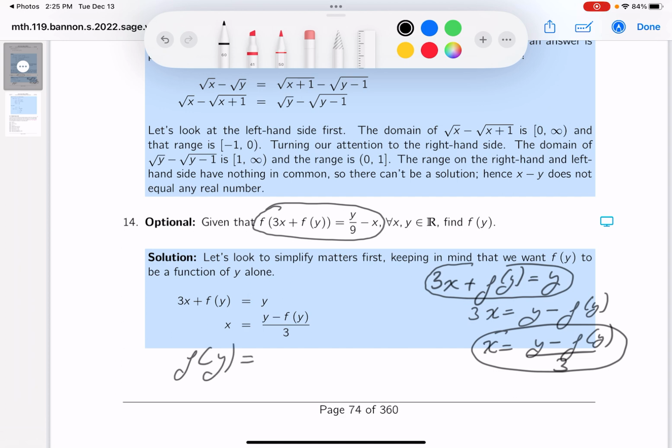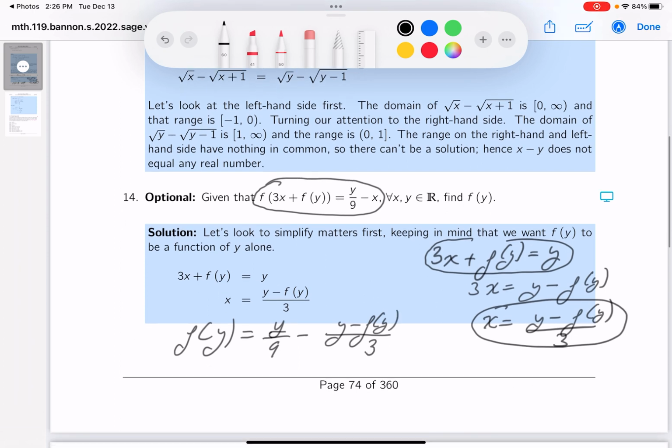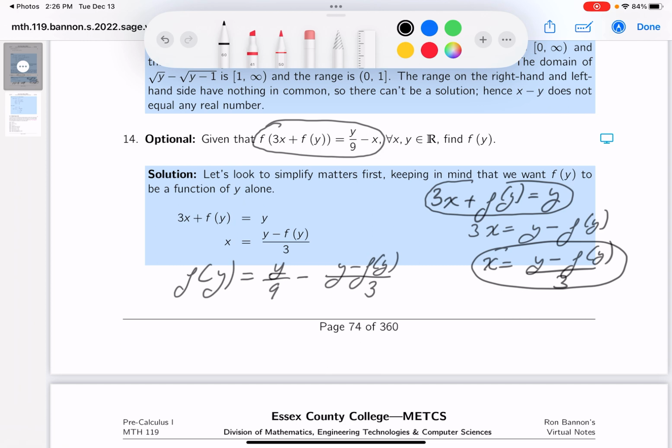On the right-hand side, you're going to get y over 9 minus the x. Well, what's the x? It's that fraction, y minus f of y over 3. Well, certainly I'm getting an equation now with a y and an f of y in it. I got rid of the x, and I have no complicated arguments for the function now. It's all f of y.